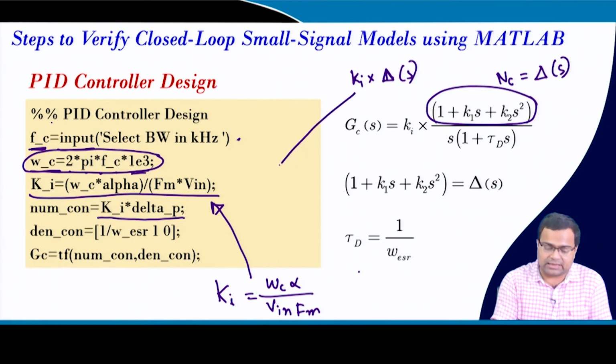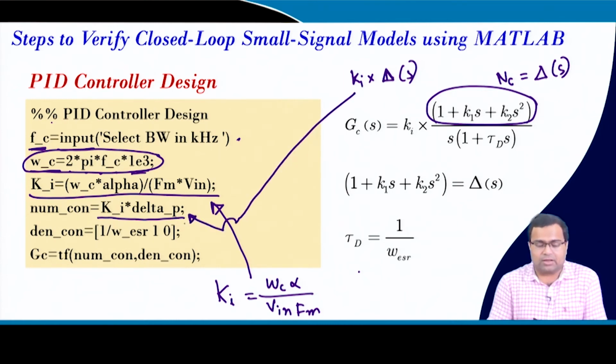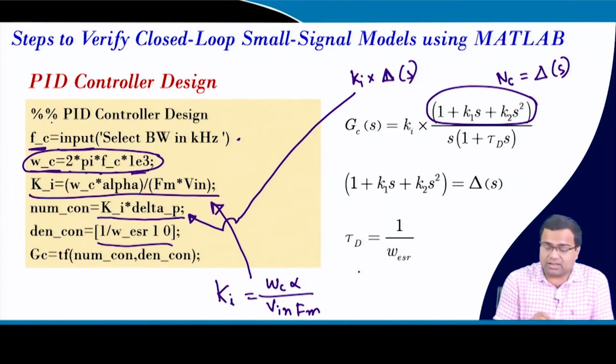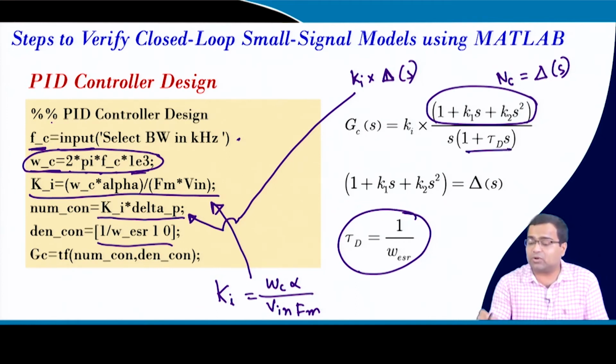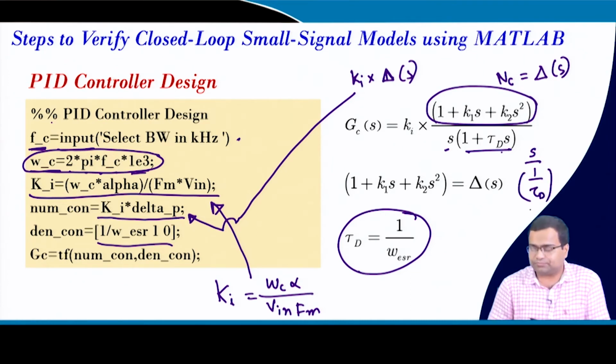This is exactly what is here. Okay. What is the denominator? For the denominator, we want to take this controller, that means there is one pole, right? There are two poles, one pole at origin, another pole will be s by 1 by tau d, like this, right? This is our pole.